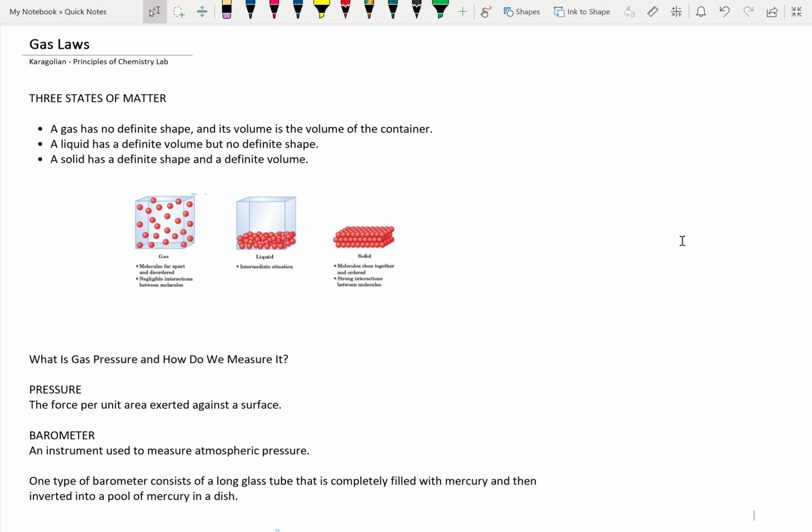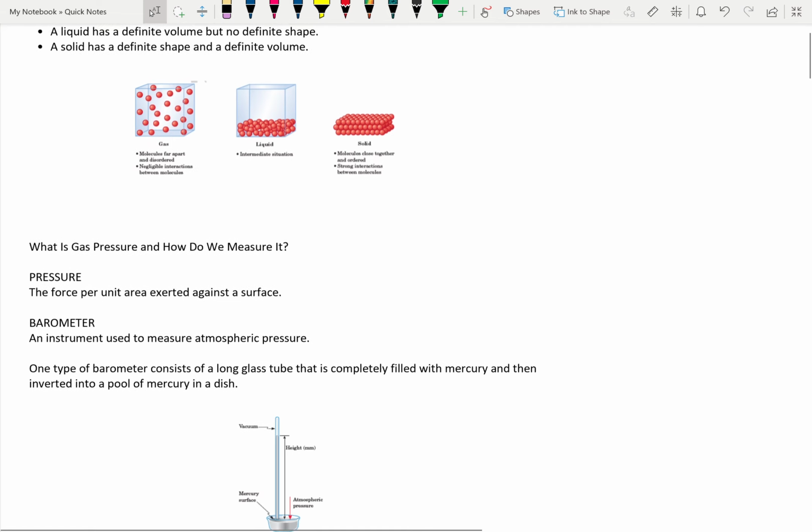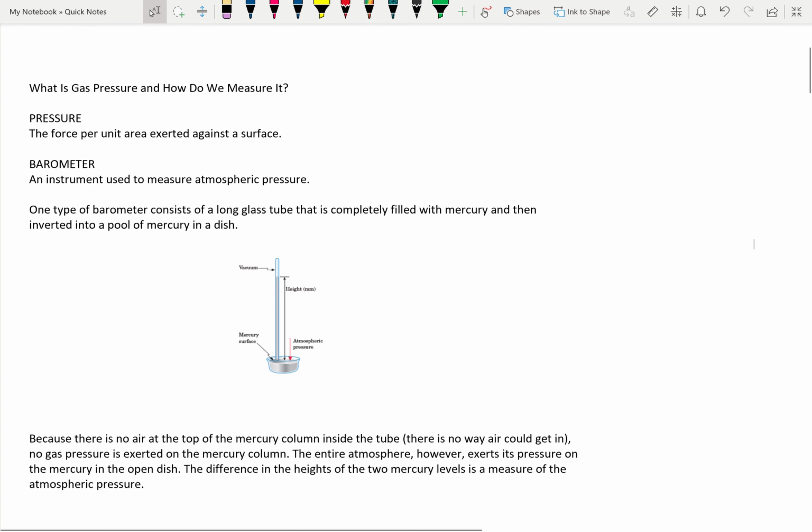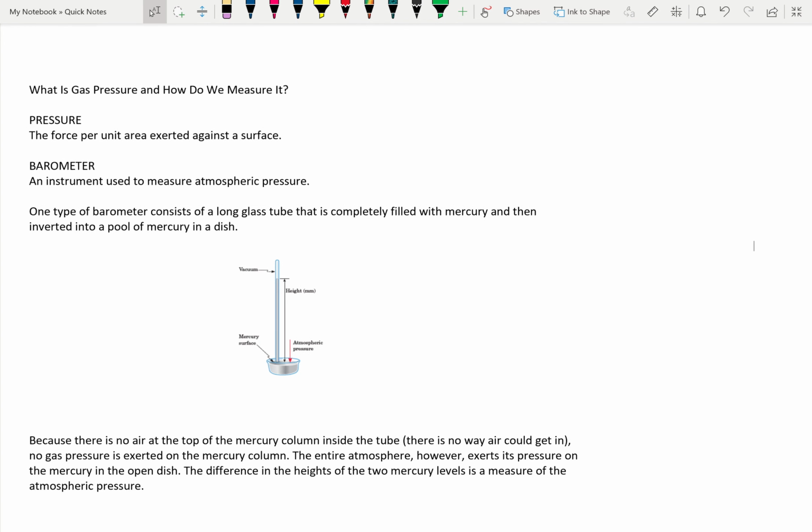So then we ask ourselves, what is gas pressure and how do we measure it? Let me go over what pressure is. Pressure is the force per unit area exerted against the surface. We use a barometer to measure atmospheric pressure. So how this works is that we have this long glass tube that has mercury inside, and then on the top we have this empty vacuum space.